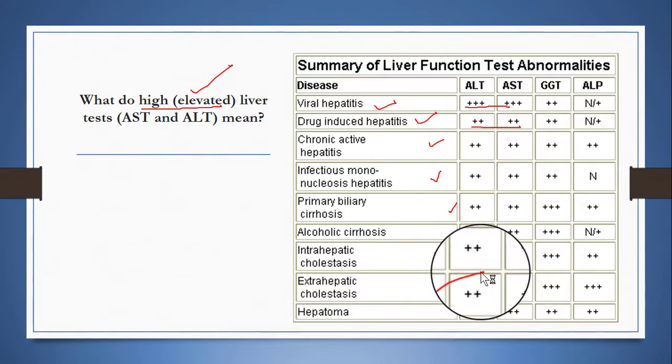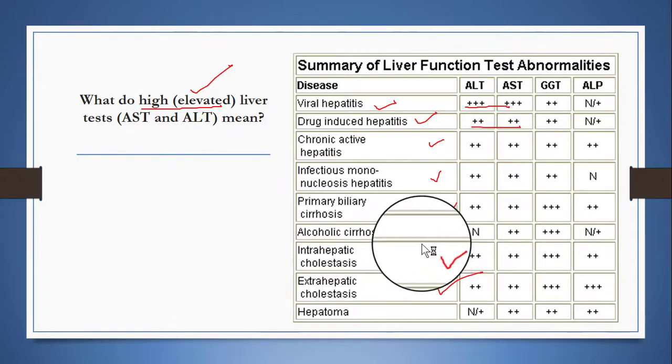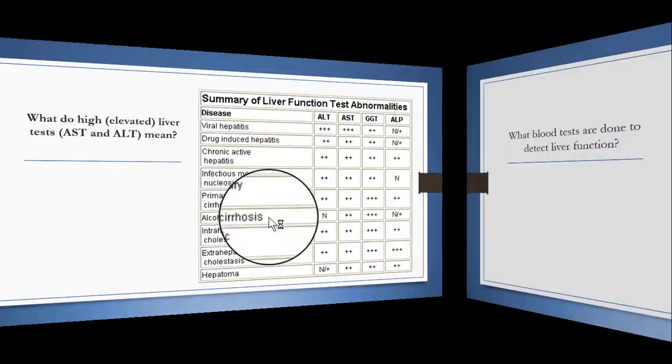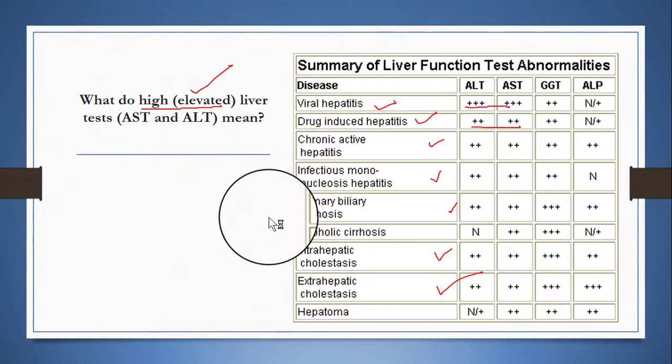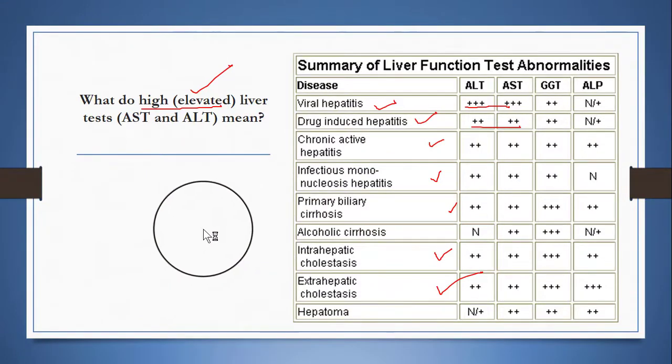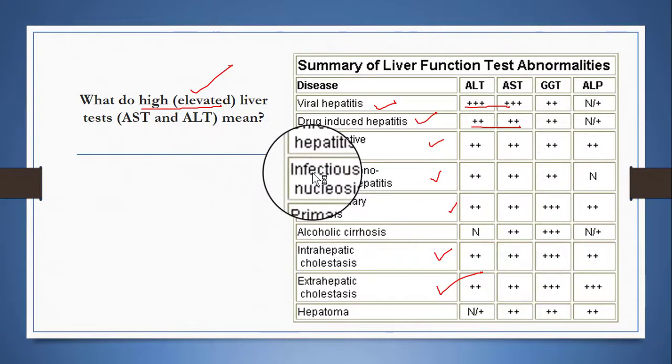For example, elevation of these enzymes can occur with muscle damage. The interpretation of elevated AST and ALT results depends upon the entire clinical evaluation of an individual, so it is best done by a physician experienced in evaluating liver diseases.